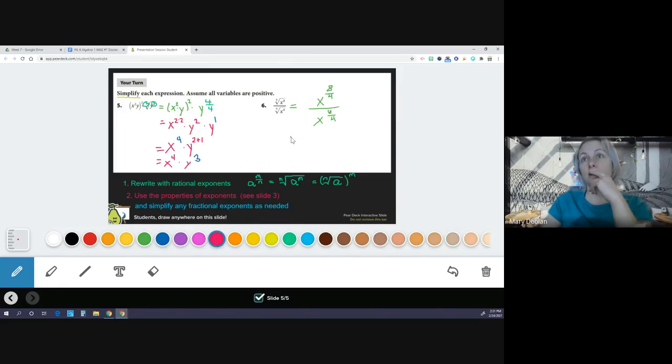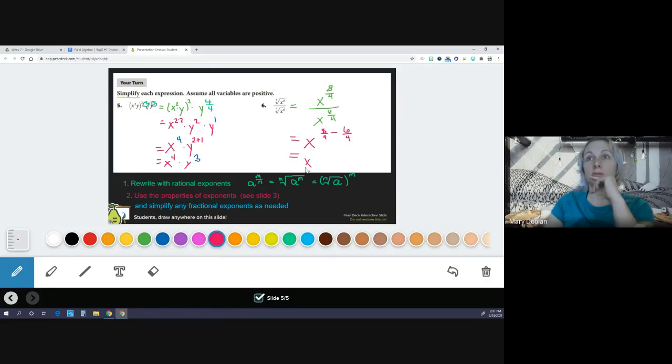All right. I'm not going to simplify these exponents yet because I need to subtract them, and they're already set up as fractions I can subtract. So 8 over 4 minus 6 over 4. Now I'm going to simplify the fractional exponents.